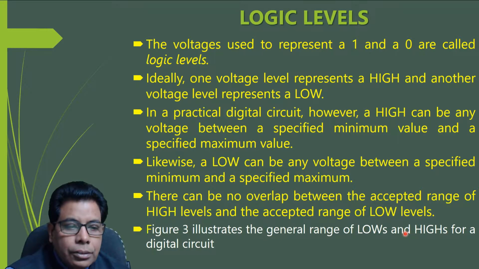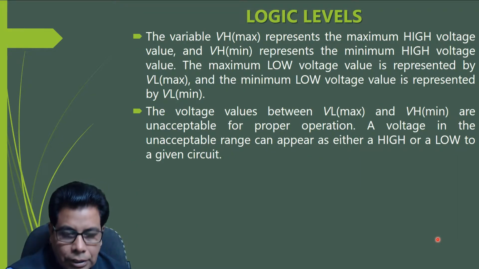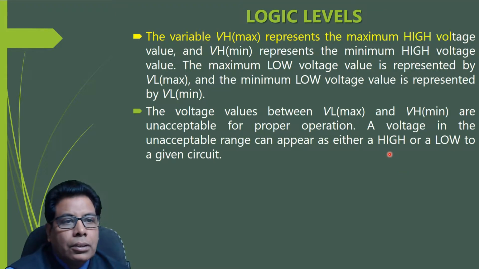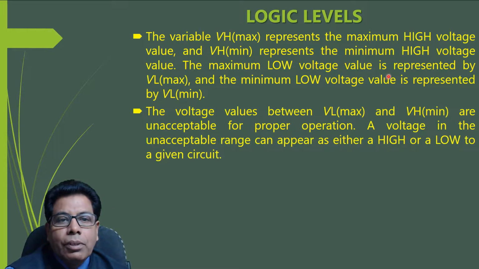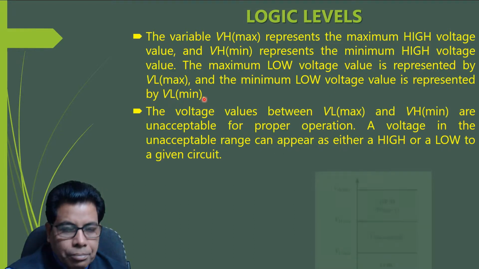So this figure illustrates the general range of low and high for a digital circuit. Let us see what it is. The variable VH max represents the maximum high voltage value and VH min represents the minimum high voltage value. The maximum low voltage value is represented by VL max and the minimum low voltage value by VL min.